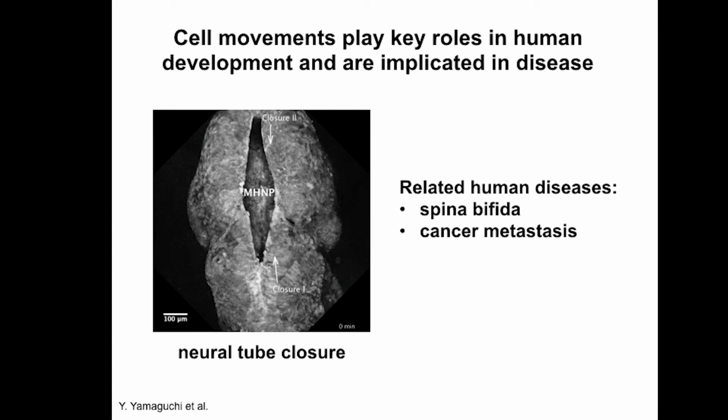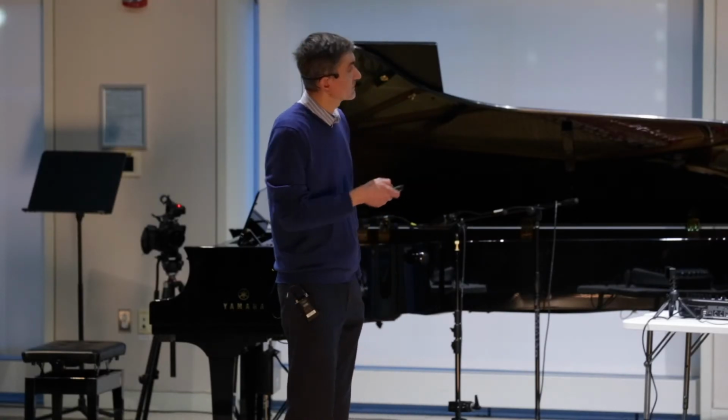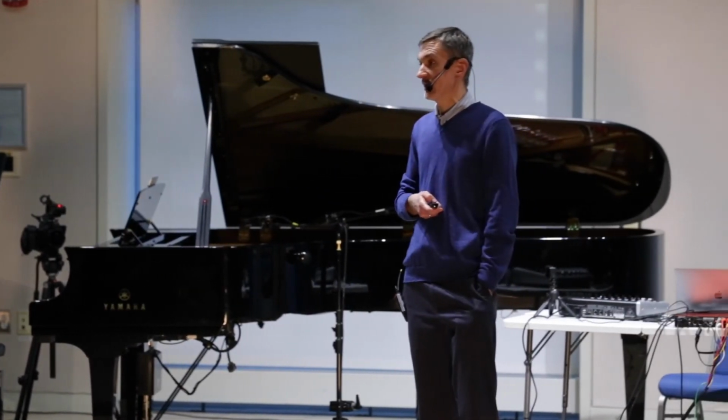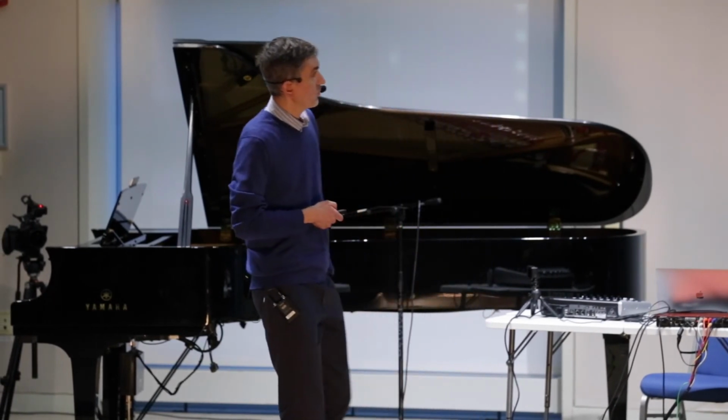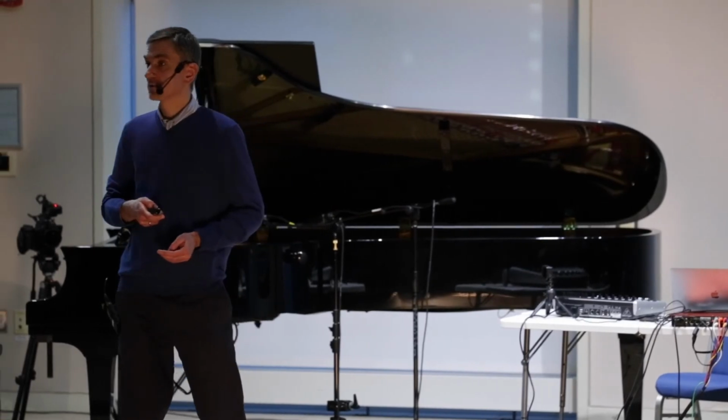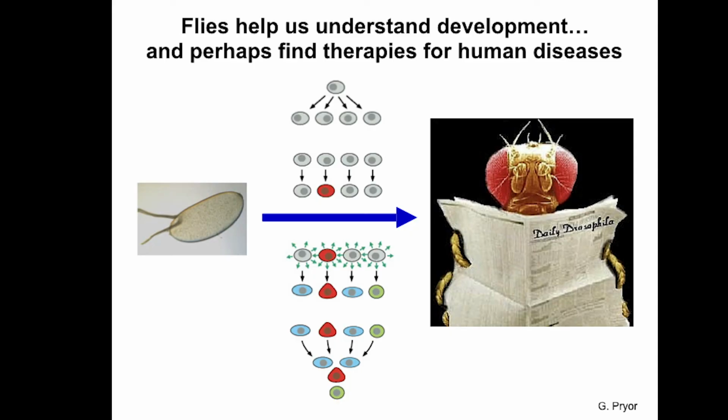And a lot of human diseases are associated with abnormal cell movements, such as spina bifida when this process doesn't complete properly, or excessive migration of cancer cells in the body. And our humble hope here is that by using flies as a model system to try to understand these processes, we can, first of all, help understand our development better, and perhaps maybe even find therapies for some human diseases.